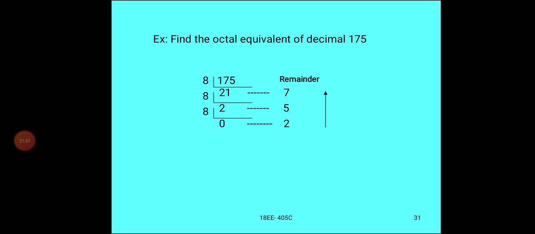You write from bottom to top, and will get 257 of octal number, that is, 257 of base 8.